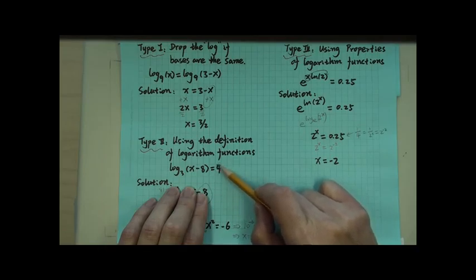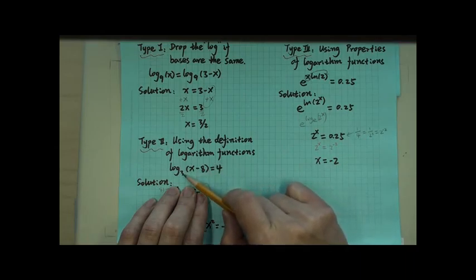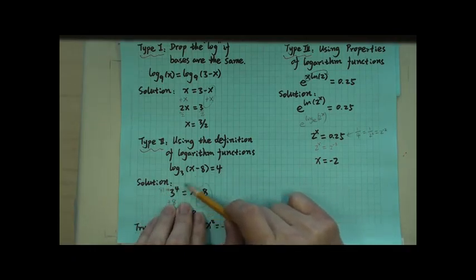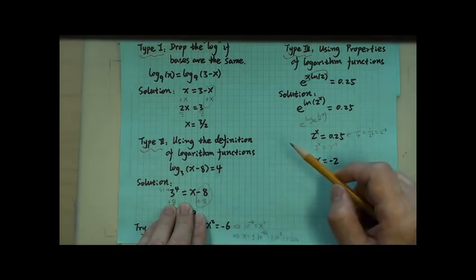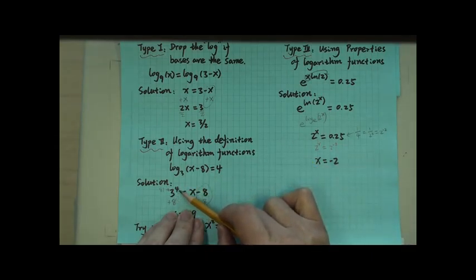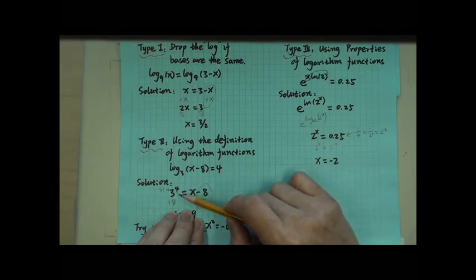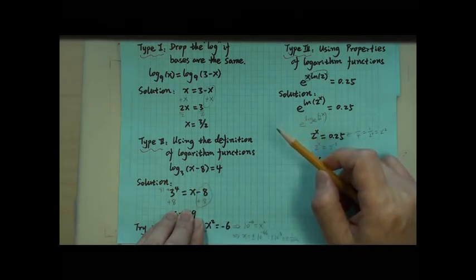Now here the exponent is given. Exponent of what? This 3. So 3 to the 4th equals x minus 8. That's by definition of the logarithm function. And we know 3 to the 4th is 81, because that's 3 times 3 times 3 times 3, 4 times.